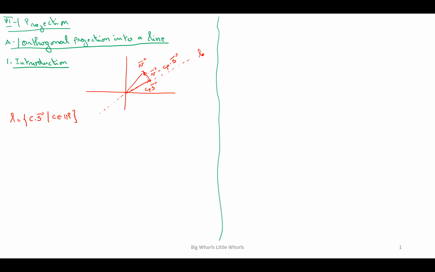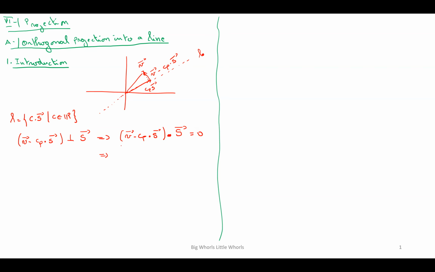The horizontal and the vertical vectors are going to be orthogonal. So V minus Cp S is orthogonal to S, of course. That means (V minus Cp S) dot S is going to be 0, because the vertical vector is orthogonal to the line, and the line is spanned by the vector S.